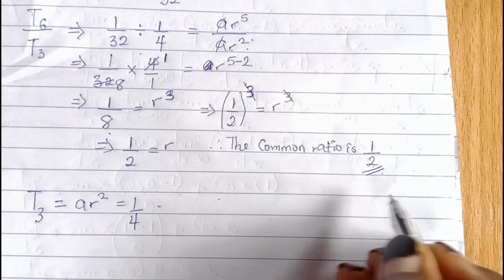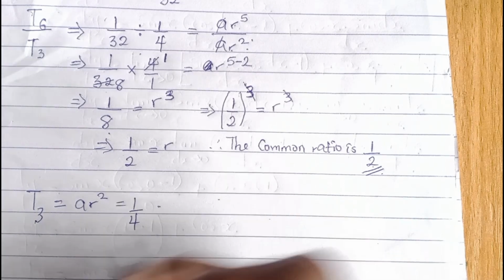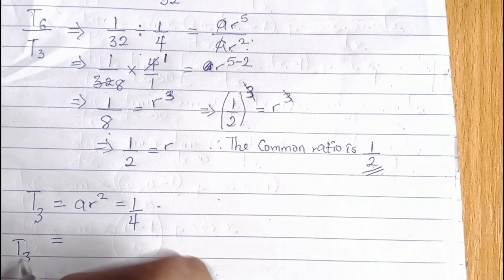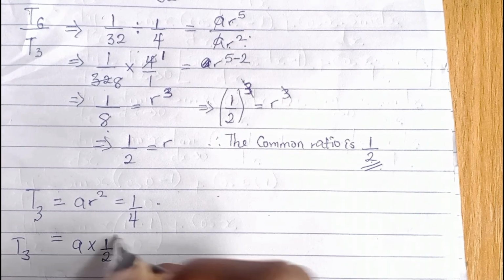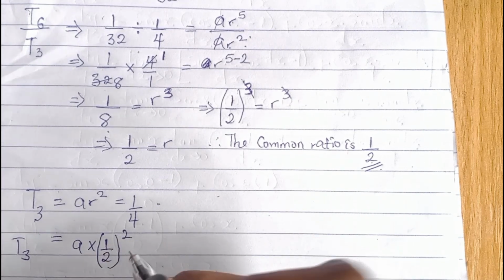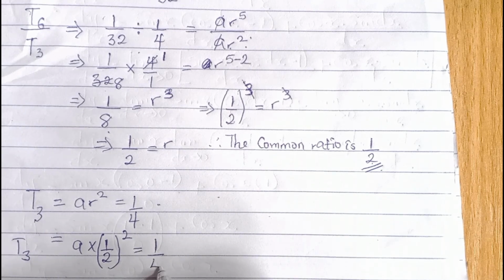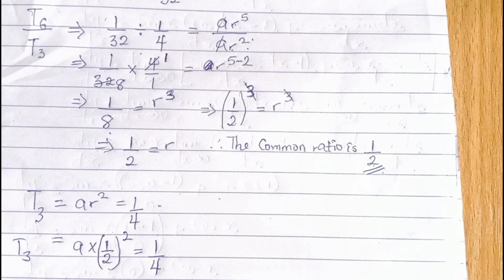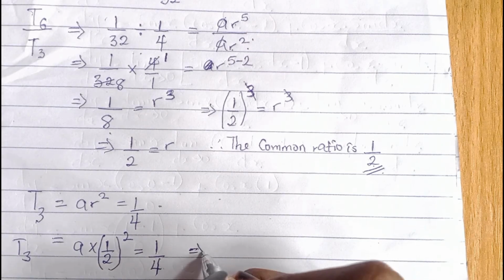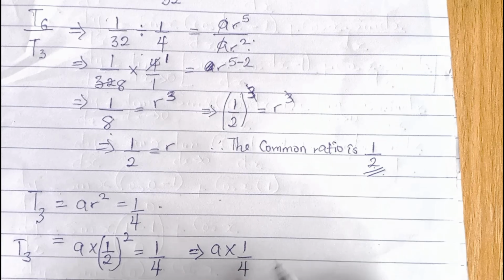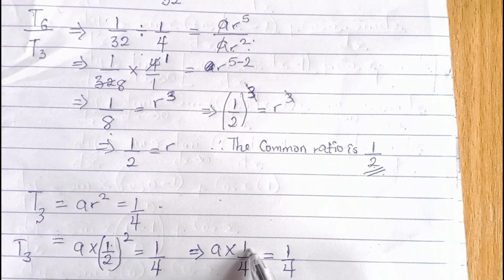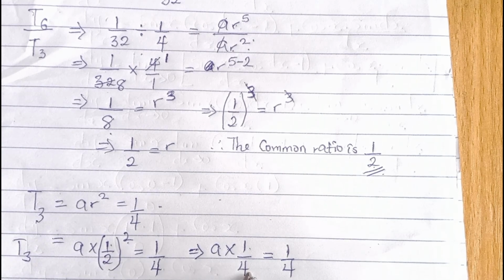Substituting the common ratio, T3 equals A times 1/2 raised to power 2 equals 1/4, which gives A times 1/4 equals 1/4. As we all know, 1 squared is 1 and 2 squared is 4. That's how we got our 1/4 here.